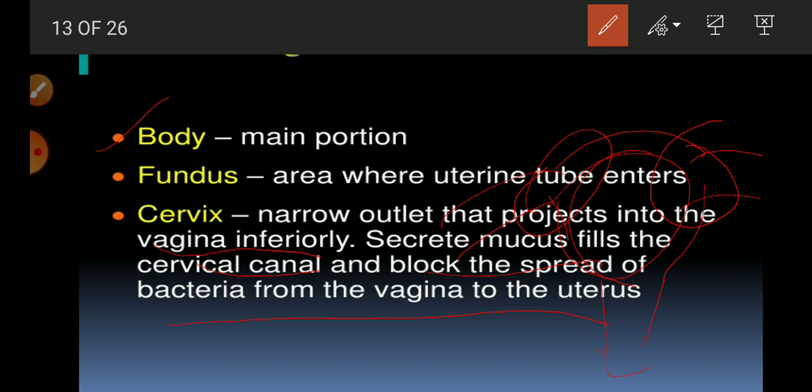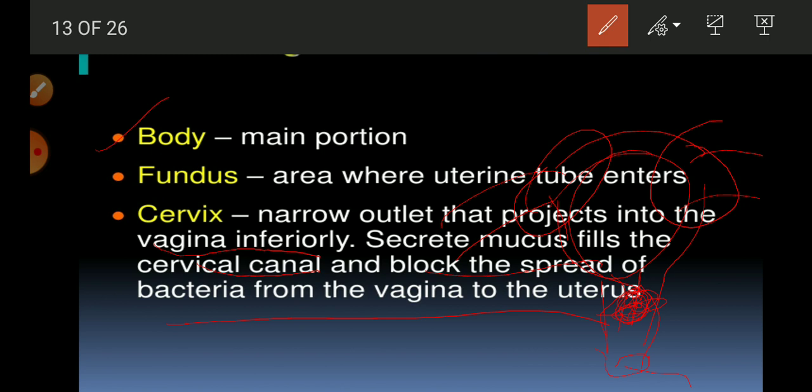The opening leads to the vagina. This opening here is the cervix. That is very important because it is the narrow outlet. It opens to deliver the baby after pregnancy, when there is delivery.